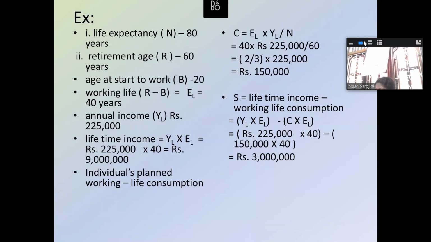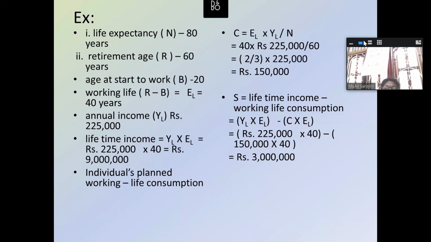It's not 900,000. 9,000,000 divided by how much? 60. Again, 150,000. Here, the next one you have to find is saving.